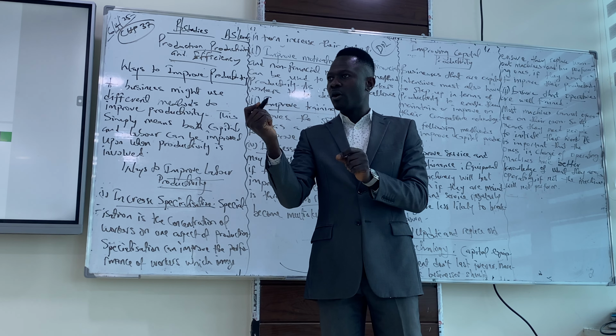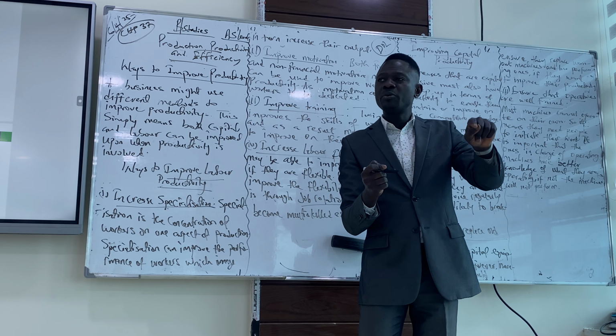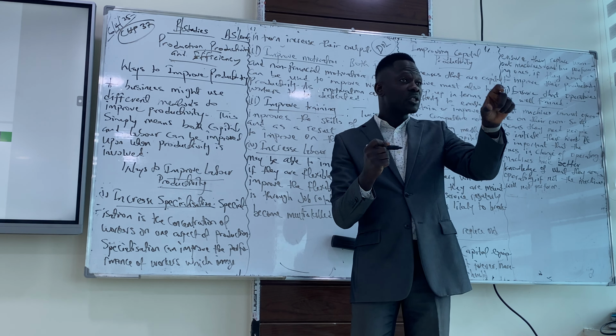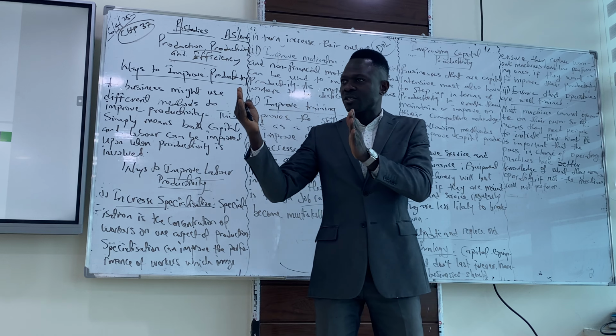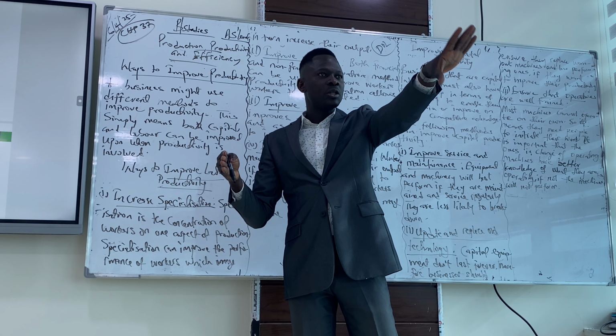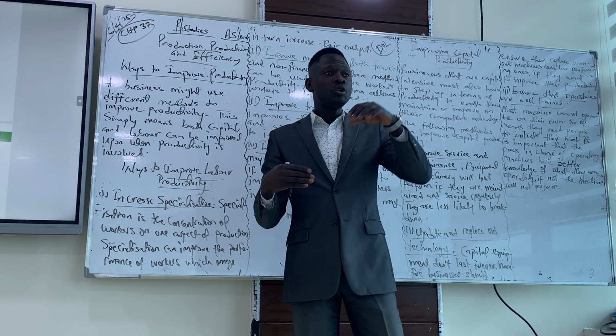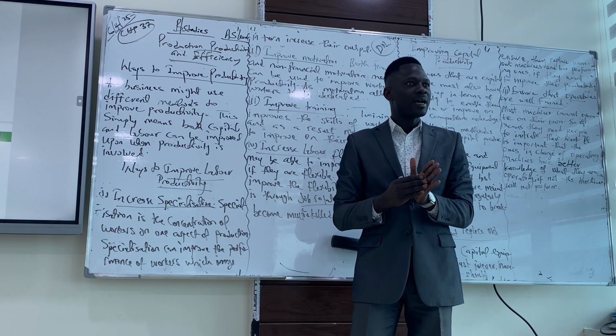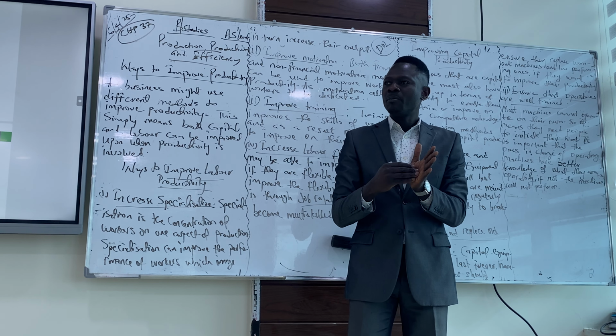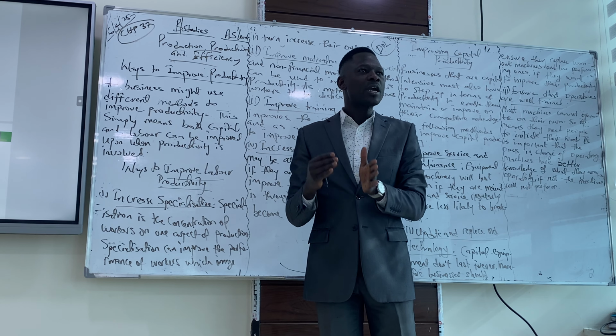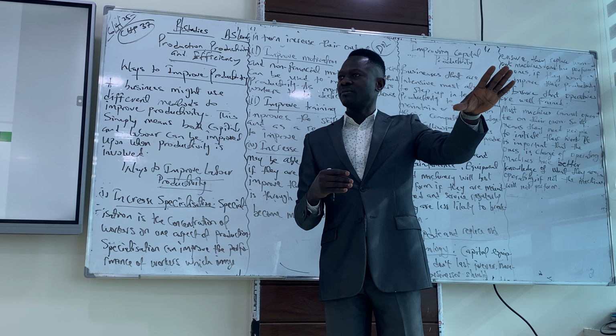With division of labor, it is expected that the input of each worker will be more than when you have to do everything together. If I concentrate on one aspect and you concentrate on one aspect, I'm concentrating on what I know how to do, you concentrate on what you know how to do. You will do it well, I will do mine well. Instead of me doing all the tasks together, where I will have weakness and strength, with specialization I'll be working on my strength, you'll be working on your strength.